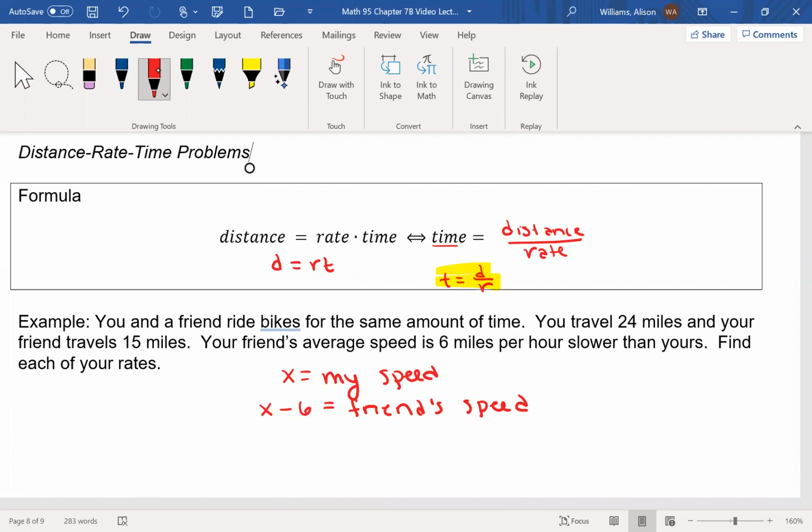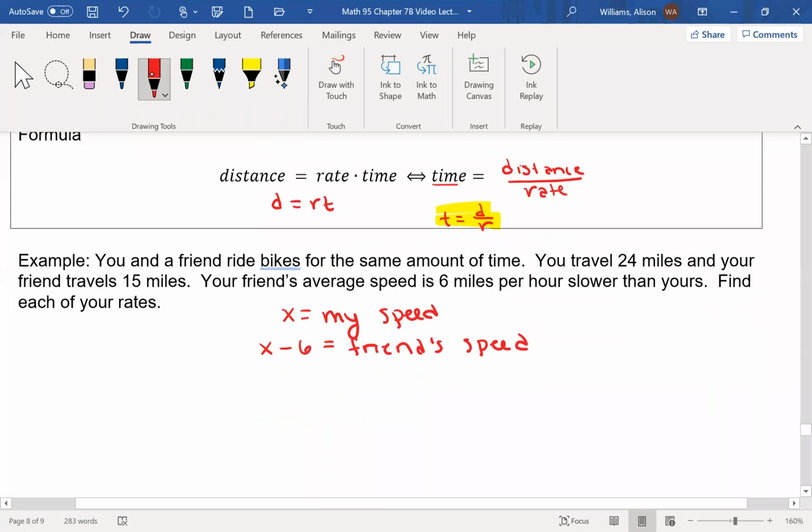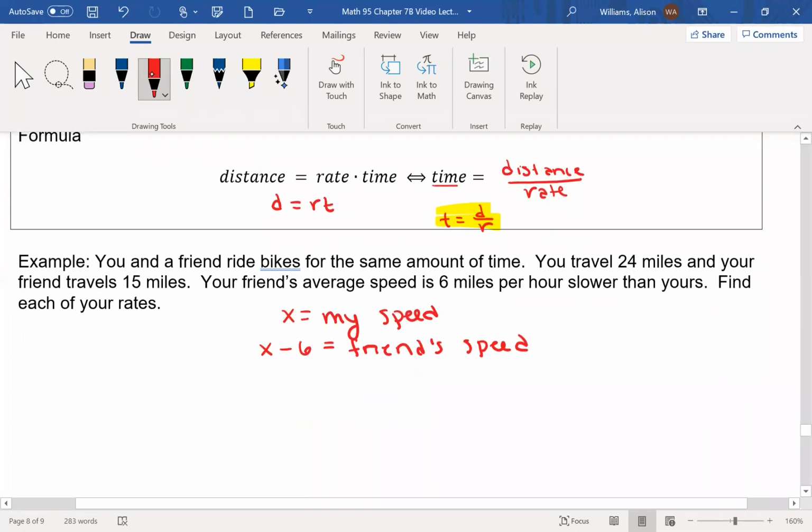What I have basically found are the rates for both of us. Okay, so let's use this information here. And what we're told is that we're going for the exact same amount of time. So however long I'm traveling, my time is going to be the same time for my friend.